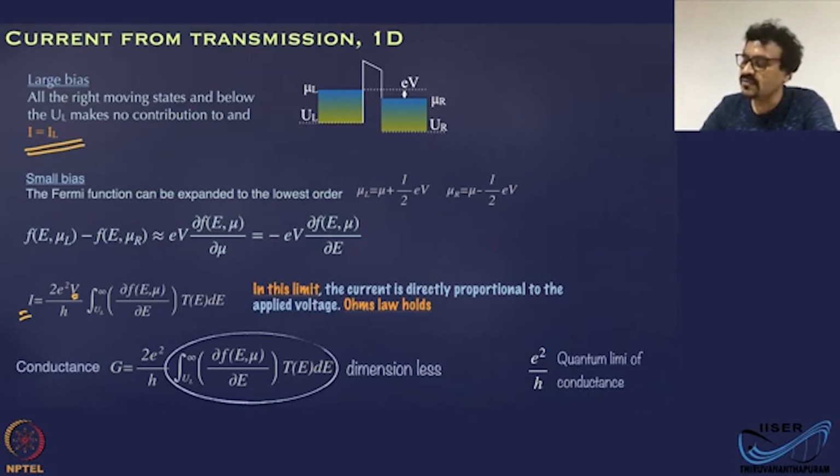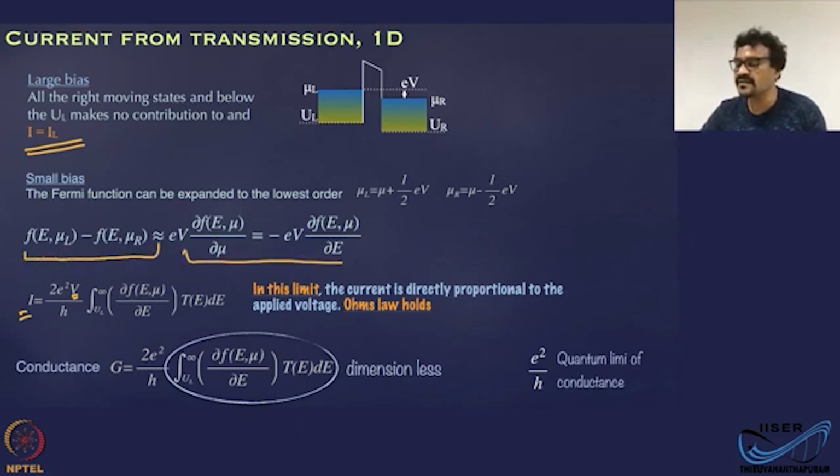That is Ohm's law. So in the really small bias range where you can expand the Fermi function like this, in that limit Ohm's law is going to hold, because the conduction in that regime is proportional to the applied voltage, since the rest of the things are independent of voltage.